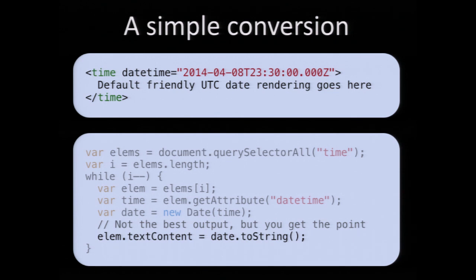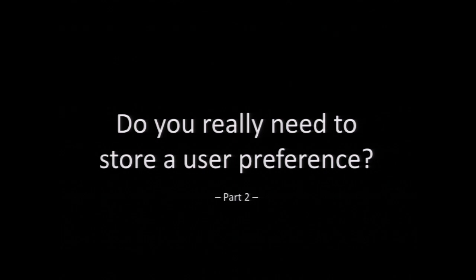You could use a library like Moment to get friendlier dates. So do you really need to store a user preference? Unfortunately, sometimes you do, because you could be working with software that needs to reference it in the back end for some reason. It could be scheduling automated alerts.